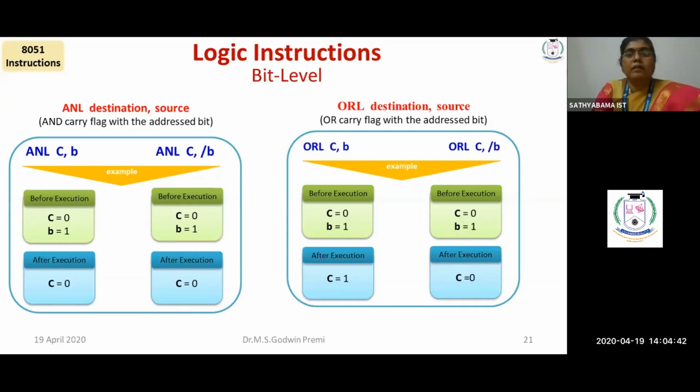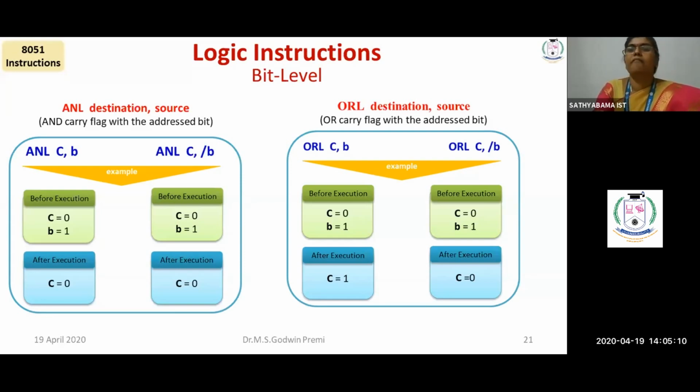That means complement of B. So for example, carry is having 0, B is 1, that is before execution. So after execution, 0 and 1 will be logically ANDed. So we will be getting 0. Here, before execution, C is equal to 0 and B is equal to 1. So here B is 1, B bar is 1 becomes 0. 0, 0, again you will be getting 0.